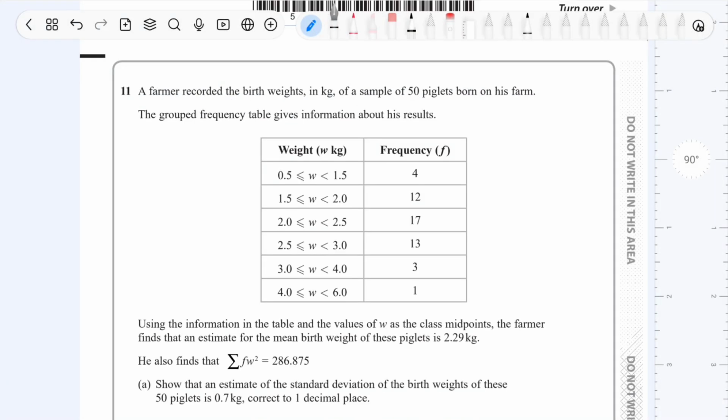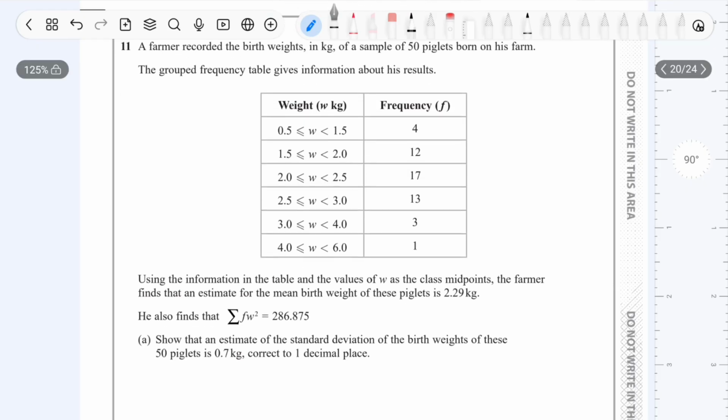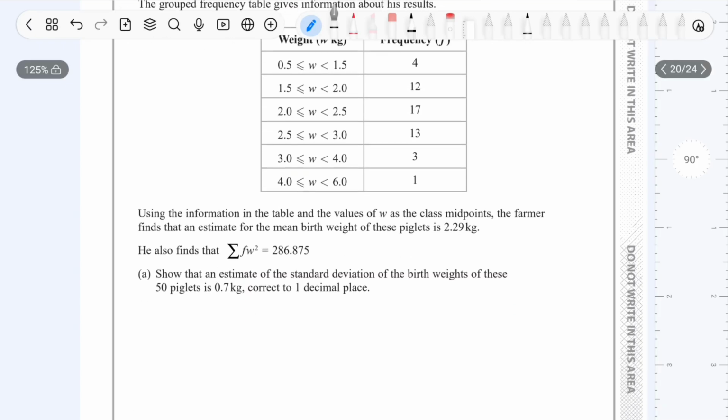A farmer recorded the birth weights in kilograms of a sample of 50 piglets born on his farm. The grouped frequency table gives information about his results. So we'll have our weights here in our class intervals of 1, and actually no, they vary, and our frequencies on the other column.